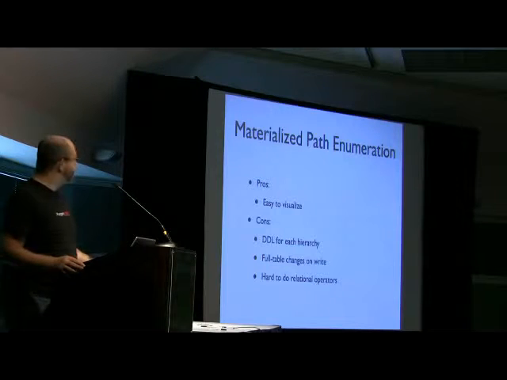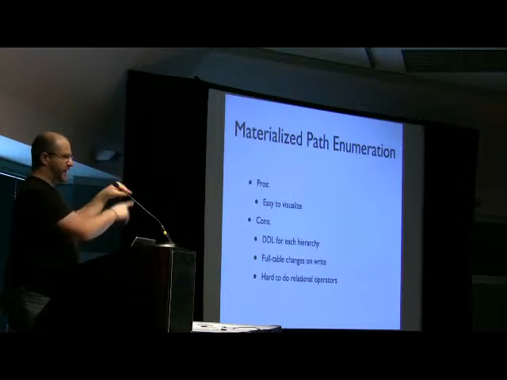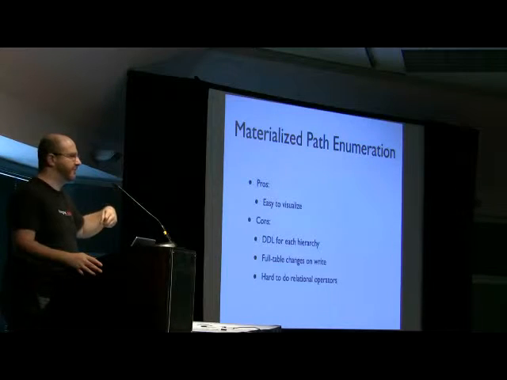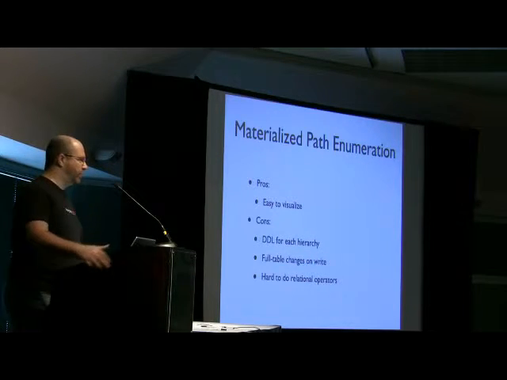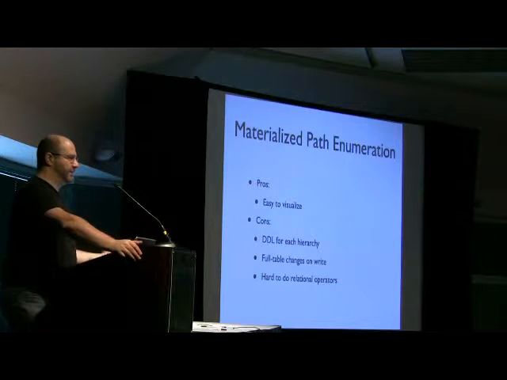Materialized path, again, it's fairly easy to visualize. You have a single tree, and you have the path that goes from the root node to wherever you are right now. It's not that complicated. The problem is, well, there's several, three of which I'll mention here. You need to do data definition for each hierarchy that you want to create.